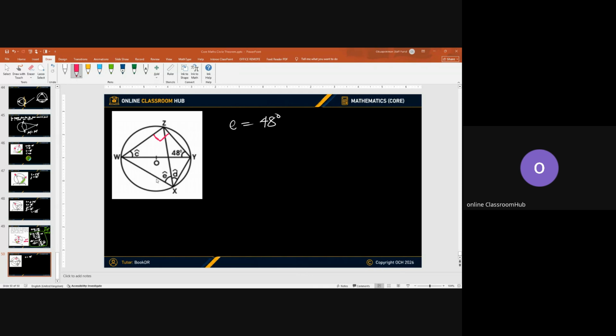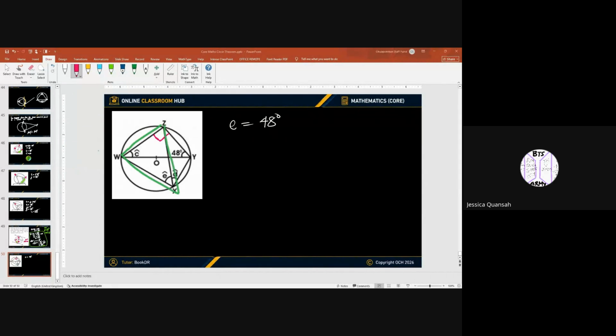So you are referring to this triangle, XWZ, the one I've just traced. Can you see my green tracing? Is that the triangle you are referring to? Yes. Okay, so how do you use that triangle?